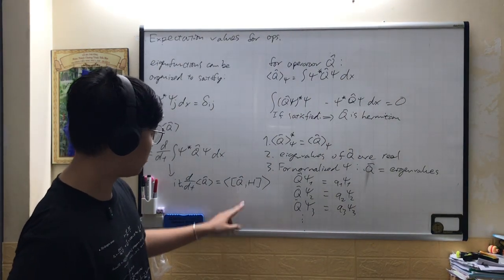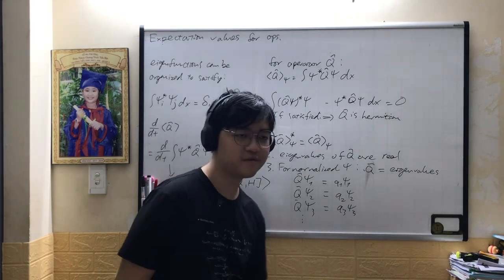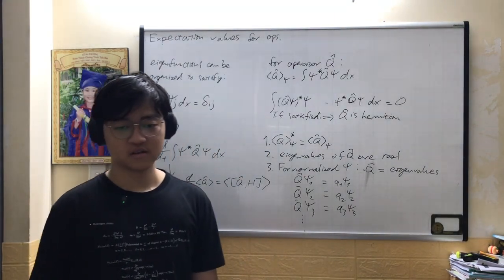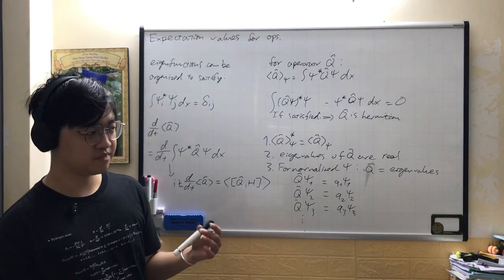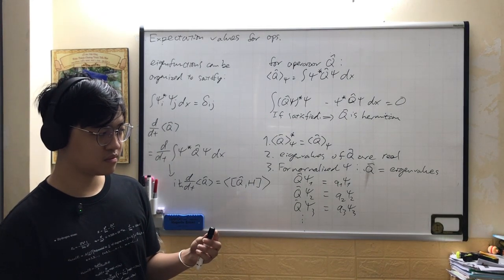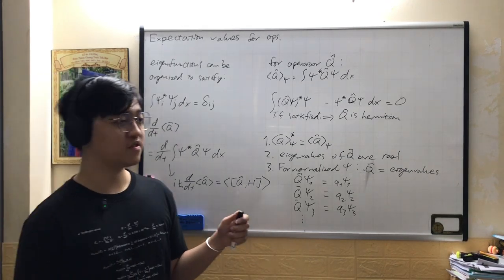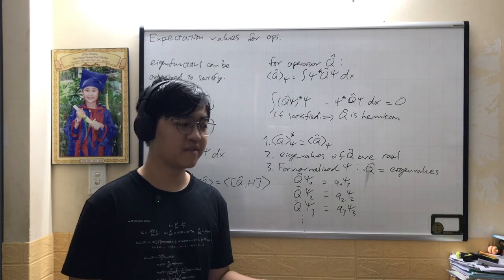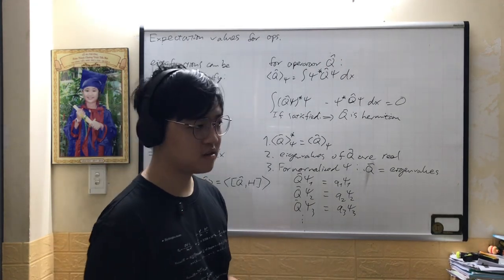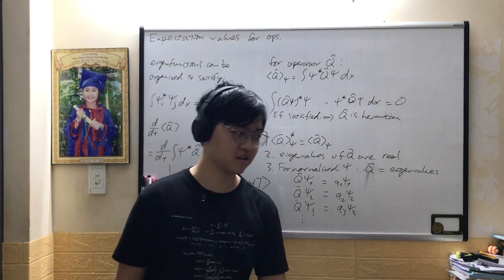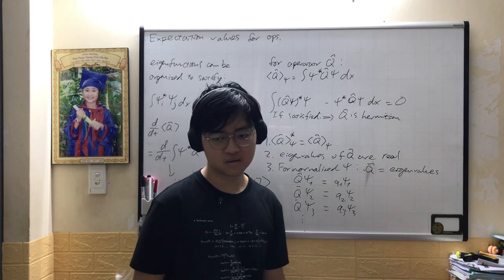So we already know some operators that commute with the Hamiltonian. The first one is obviously the Hamiltonian itself. The total spin, you will learn about that later on, without the spin orbit coupling, would commute with the Hamiltonian.